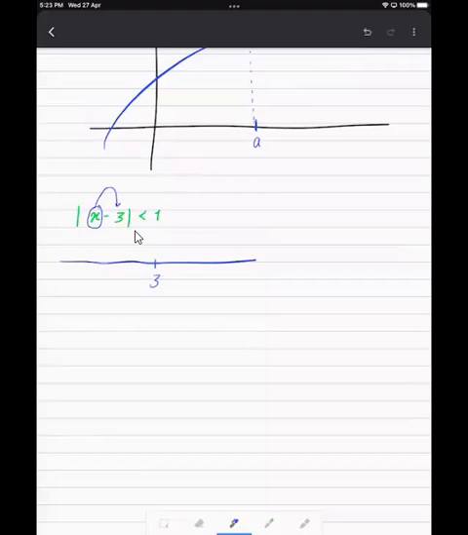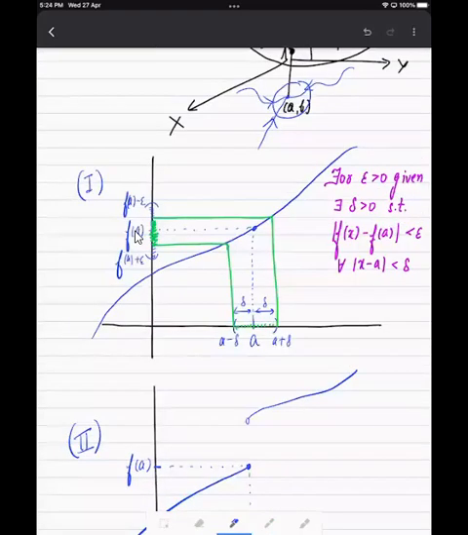From 3, the distance cannot be greater than 1, so you cannot go beyond 4, and you cannot go below 2. So basically all the x are from here. That's what it says: whenever you choose your x within this, your answer should be within this. Of course, then it's less than 1, right? So can't we take other numbers like say 1?